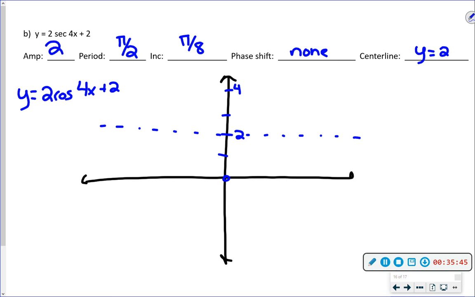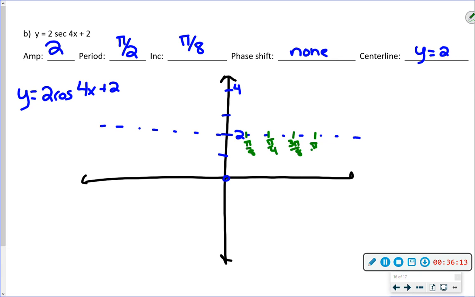I'm kind of glad there's no phase shift, okay? So 4 increments, of course, and we're scaling. This is fun, pi over 8. That's not awful. And again, I don't care if you put the increments on the new center line or your x-axis. I just do the center line because it draws my eye to the middle where I'm drawing. Pi, what's an eighth plus an eighth? Fourth, 3/8, and then 4/8.